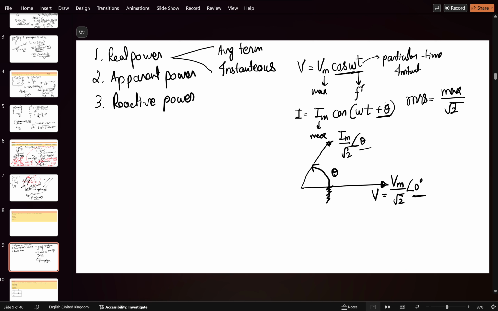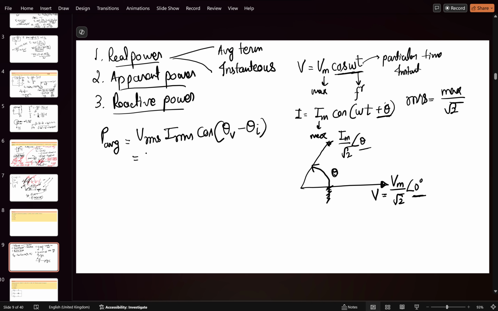So how to find the real power, apparent power, and the reactive power? Real power, in terms of average, is VRMS, IRMS, cos of (theta V minus theta I).